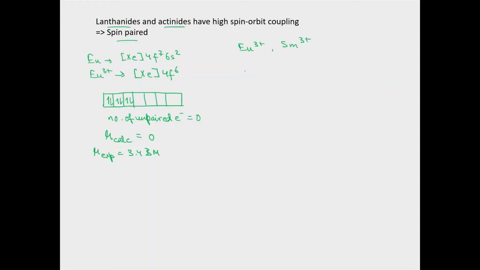Generally for the other lanthanides, the spin orbit coupling constant value is approximately 800 centimeter inverse, whereas for these two, the spin orbit coupling constant is around 300 centimeter inverse, which is close to kBT, where kB is the Boltzmann constant.